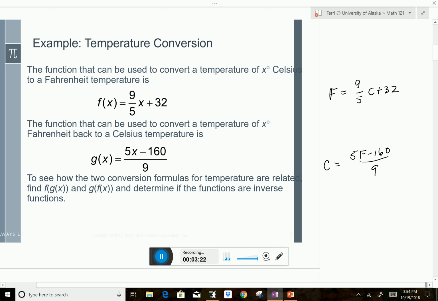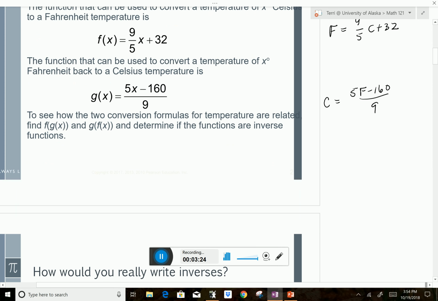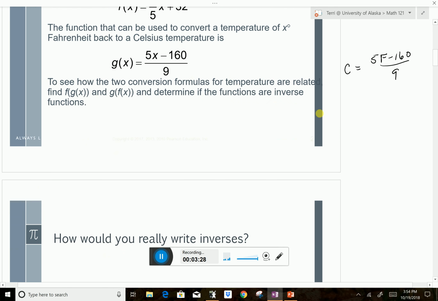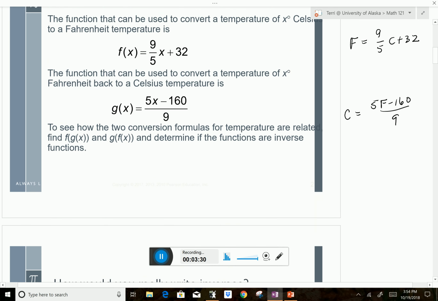Now these two are inverse formulas because one undoes the other. So if I did f of g of x, then I would do f of 5x minus 160 over 9. So I'm going to plug that in for x. So 9/5 of 5x minus 160 over 9 plus 32.